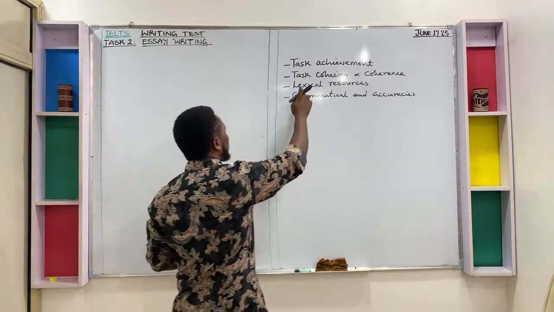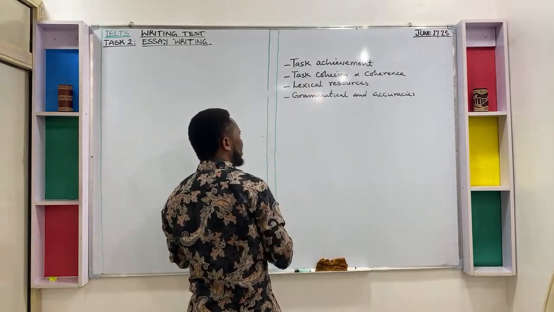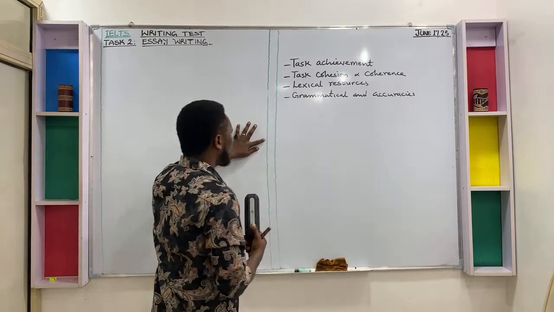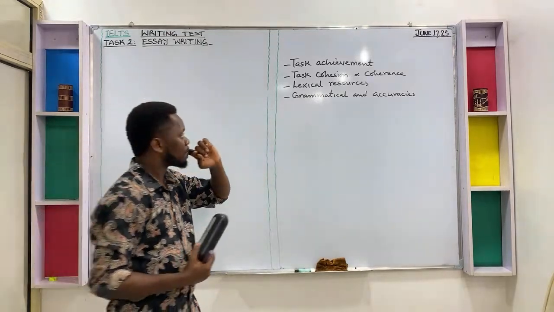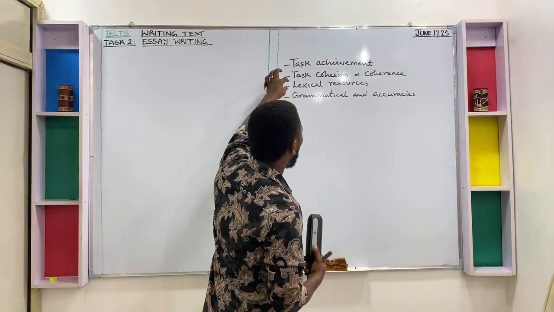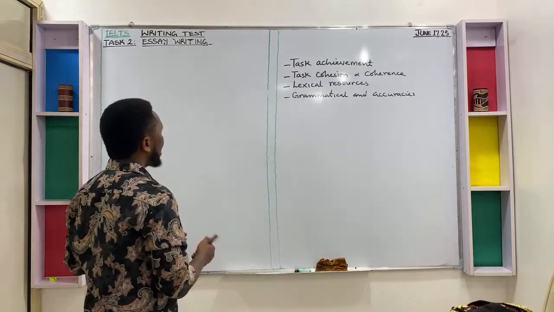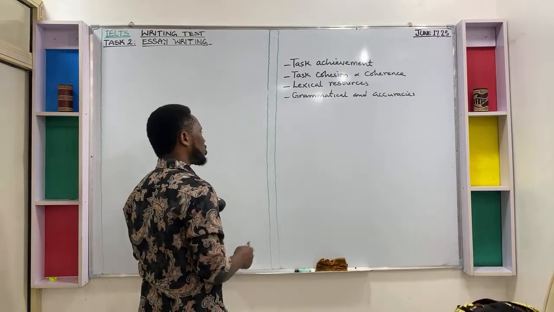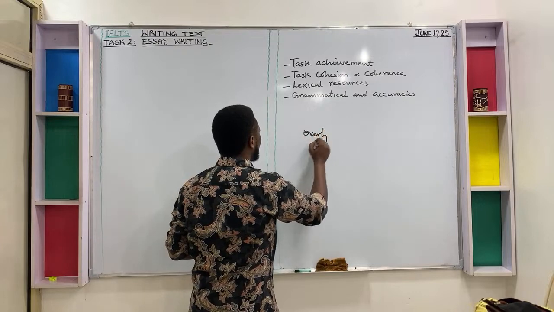Now, the third one is the lexical resources, which has to do with vocabulary. What vocabulary are you bringing in while solving the question? They want to see if you are able to show off your advanced vocabulary. Please note that in IELTS, the examiners do not expect you to use overly common expressions.